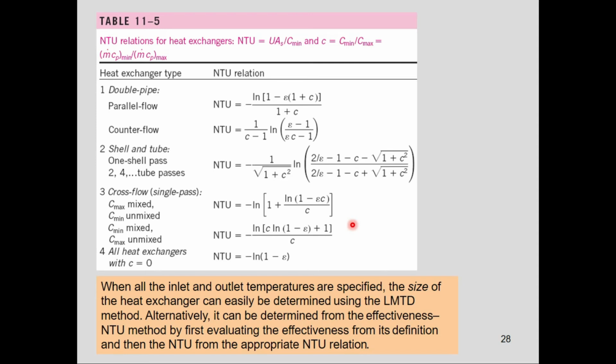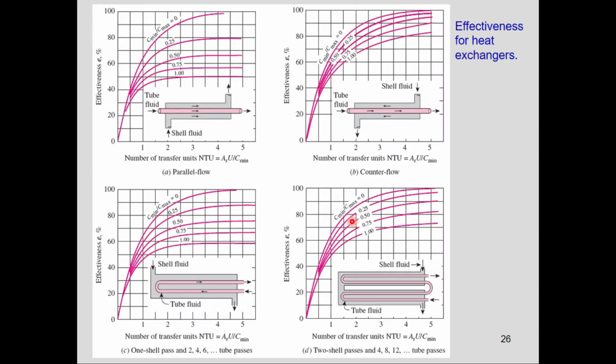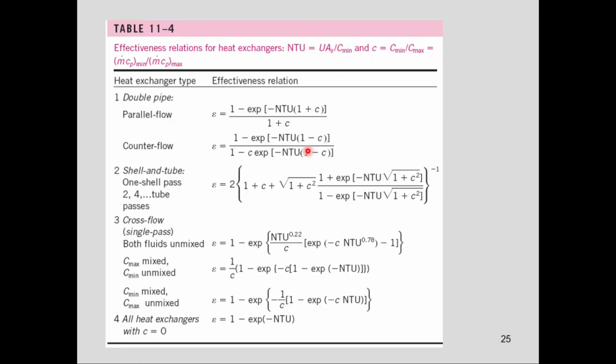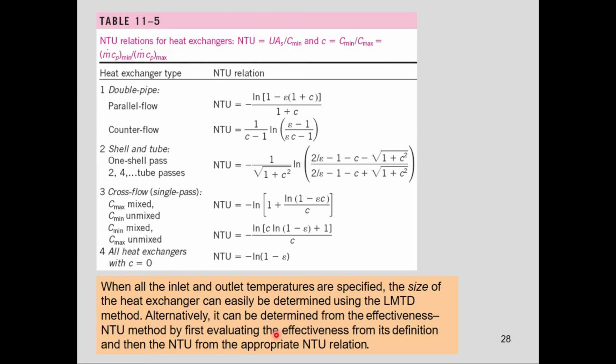So in the previous slide I said that the NTU is particularly related to the surface area. The larger the NTU, the larger the heat exchanger, or the larger the surface area. In this last line, it is said that in the effectiveness-NTU method you first evaluate the effectiveness from its definition.